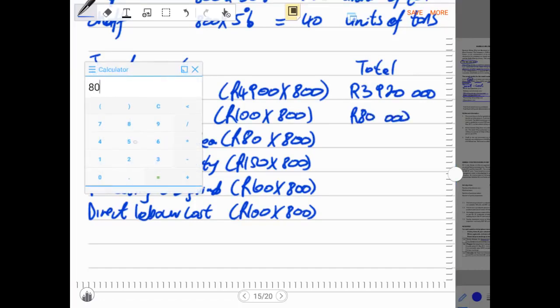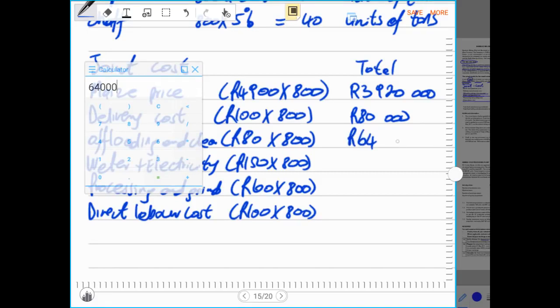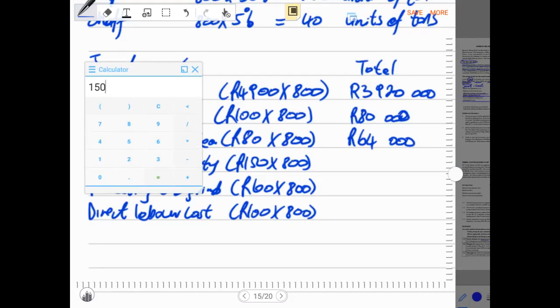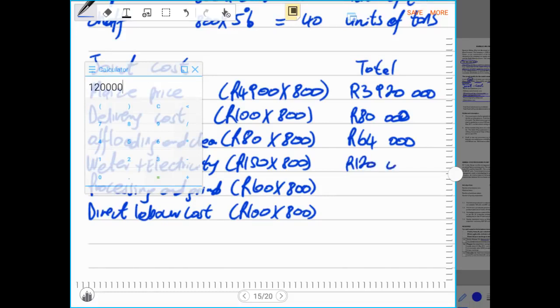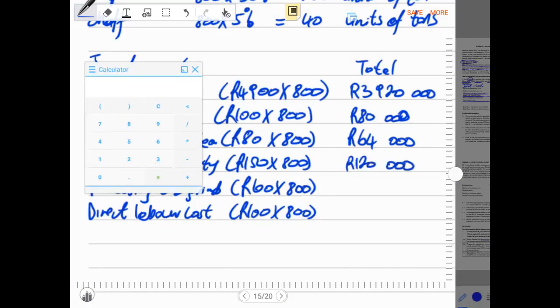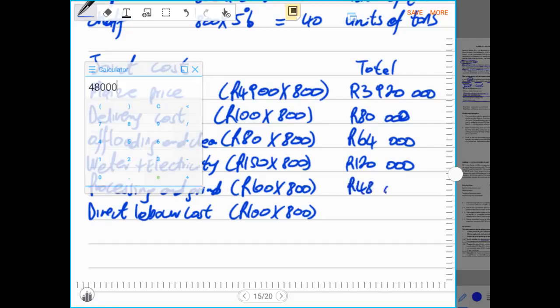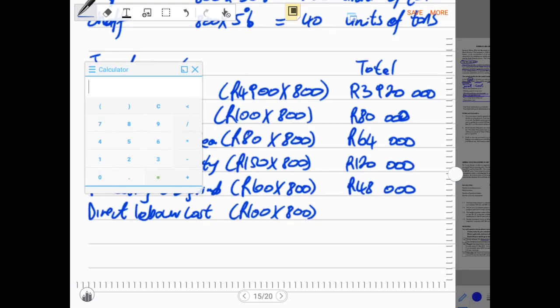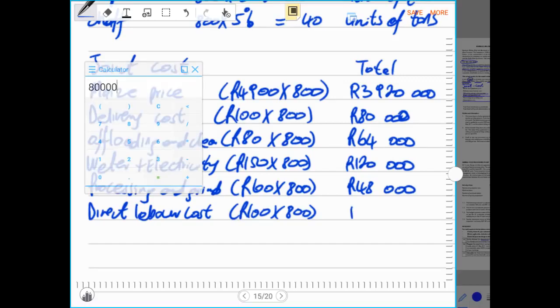Then 80 times by 800, which is 64,000. Remember, we're still calculating our joint cost that we incurred jointly to manufacture the three products. Then we have 120,000 rands. Then we have 60 times by 800, which is 48,000. Then 100 times by 800, which will obviously give us 80,000.